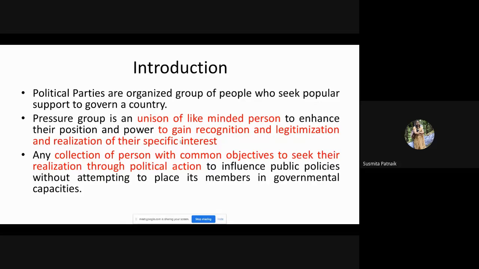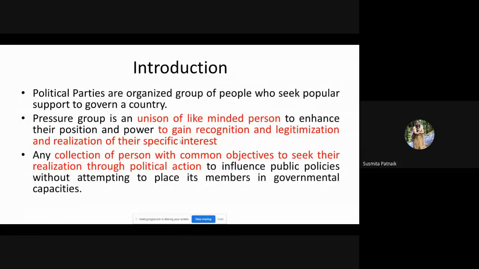So it is called a union of like-minded persons. Unison means the similar, you may say the quality. Take for example the doctors' associations: all the doctors have the same profession and the same objectives, and they want to achieve their objective by putting pressure through the legislatures.